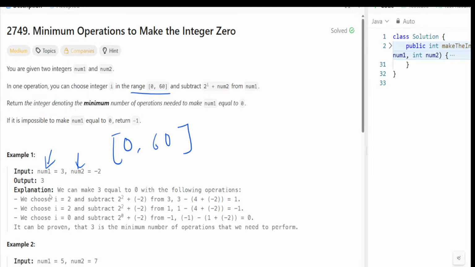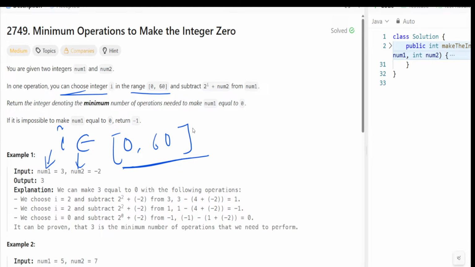If we want to choose an integer i, it should be between 0 and 60. So when we choose an integer in an operation, we need to choose between 0 and 60. That is what the question is saying.